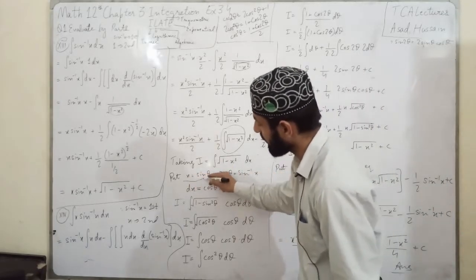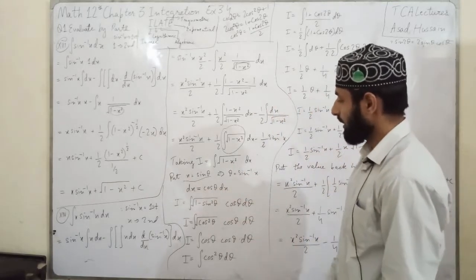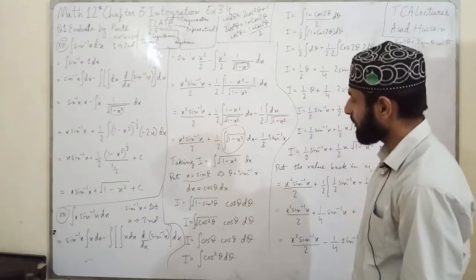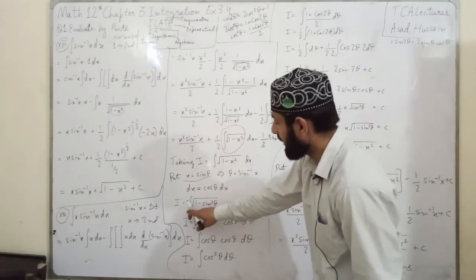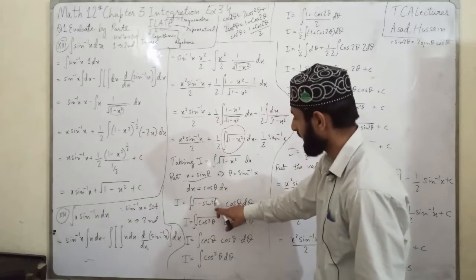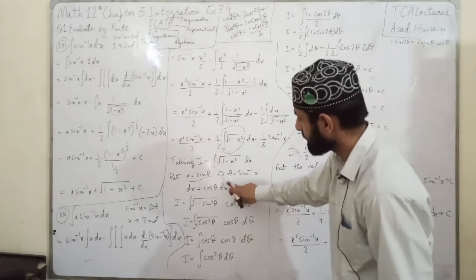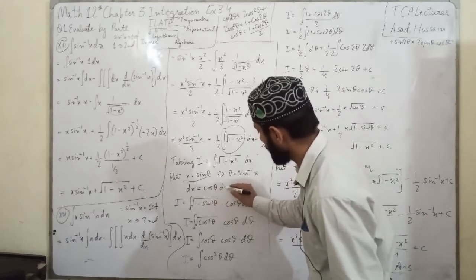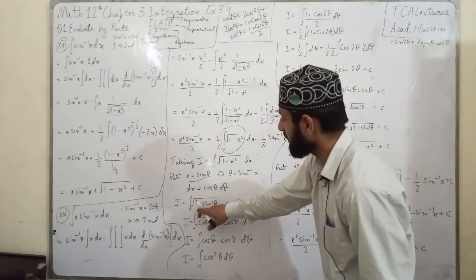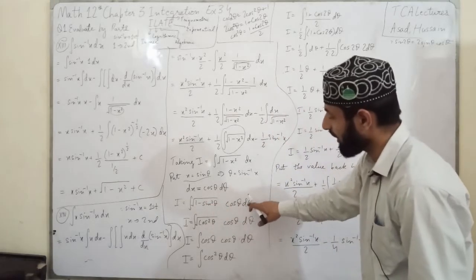Taking derivative of this function we get dx is equal to cos theta d theta. Now putting the values we get integral under root 1 minus sine square theta into cos theta d theta. Integrating we get under root 1 minus sine square theta into cos theta d theta.